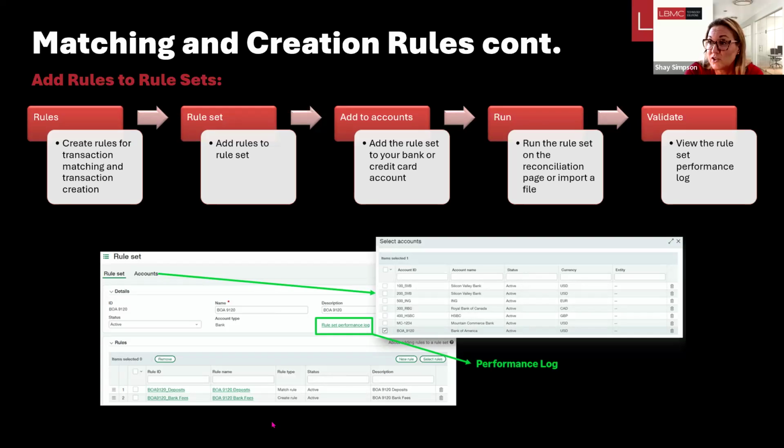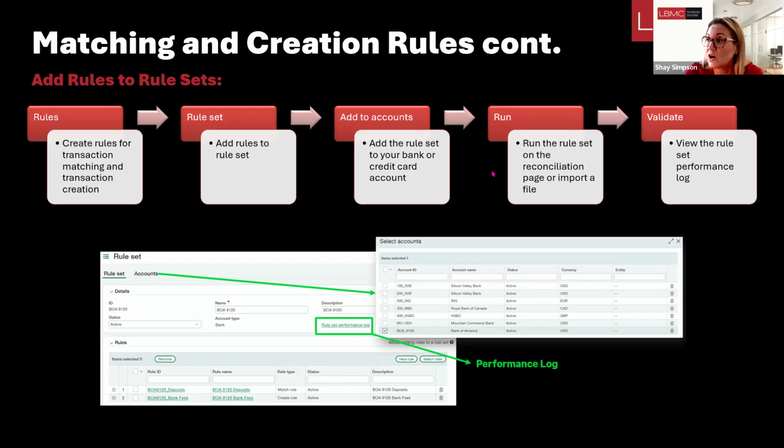Here is a good thing to note. This runs on the reconciliation page or import of a file. A lot of times folks will set up rules and rule sets, and they will say, I don't necessarily see that functionality. I don't see it working. Well, we have to actually go in and initiate the reconciliation.